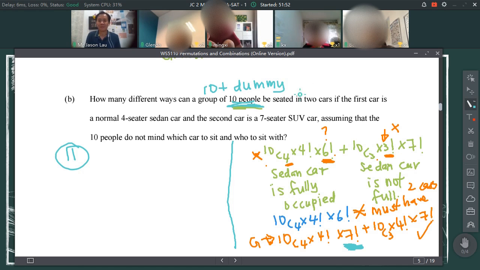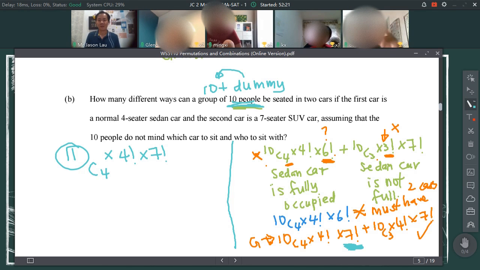The dummy person is just a dummy person, different from the rest of the live people. So you can have 11 choose 4. When you have 11 choose 4, you have taken into account whether the dummy is in the sedan car or the other vehicle. Then this will be one solid step. The order of people can be the same, but the position of the seat that remains empty always changes, so it's basically another person.